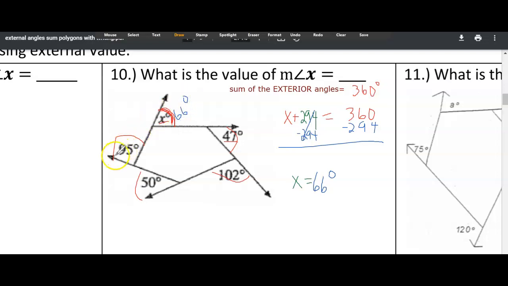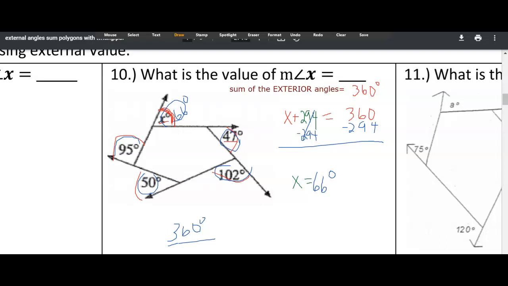So if I add up 95 plus 66 plus 47 plus 102 plus 50, that should give me 360 degrees, because the sum of all the exterior, the outside angles, all of them, have to add up to 360 degrees. The sum of all the exterior angles will always equal 360 degrees.